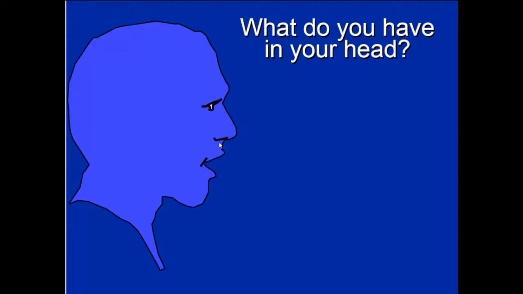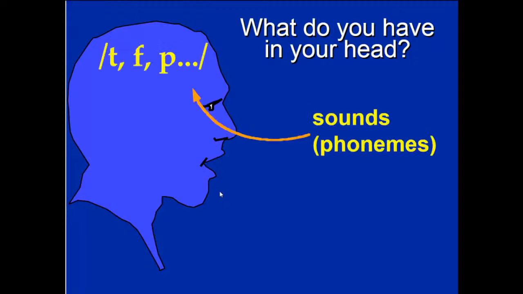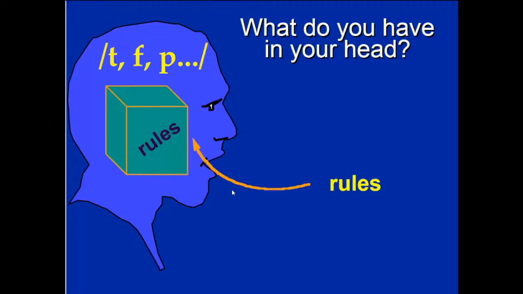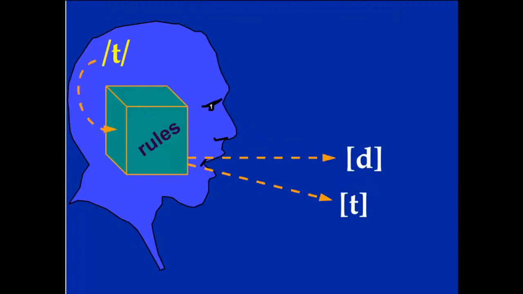And as far as phonology is concerned, we try to see what is stored as pieces of information about the sounds of one's language. So what do you have in your head? You have got the sounds or the phonemes, and of course you have got also the rules.